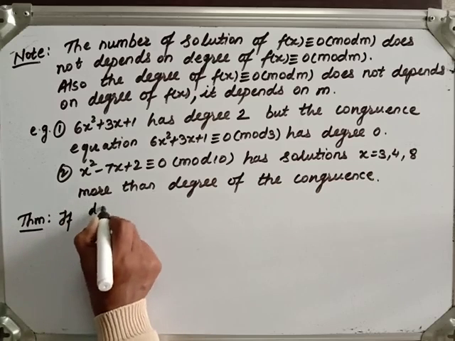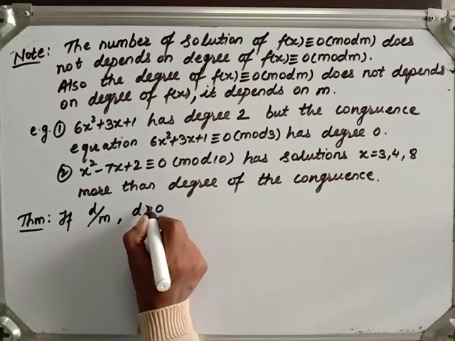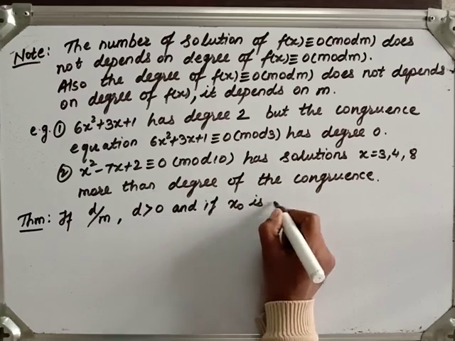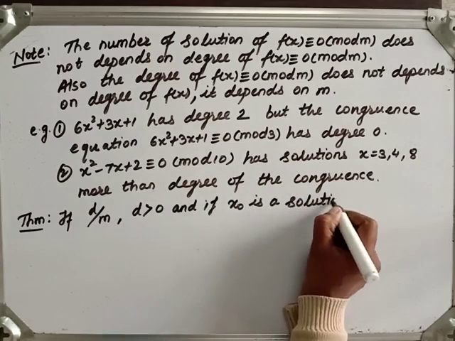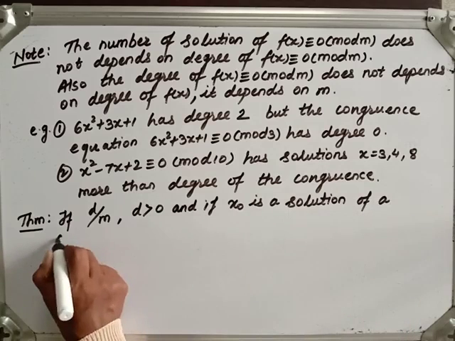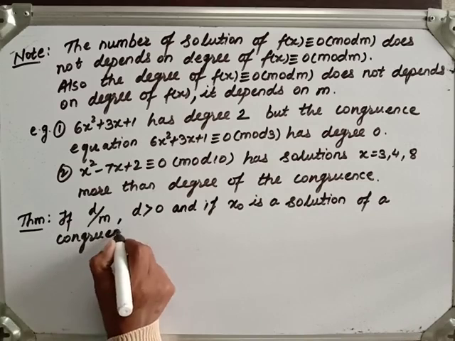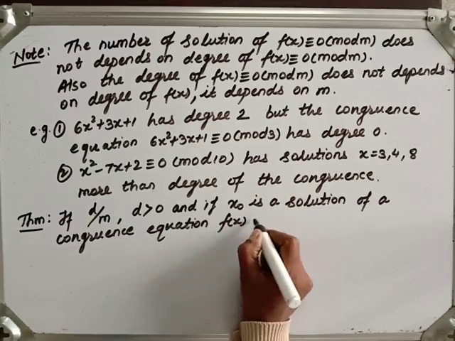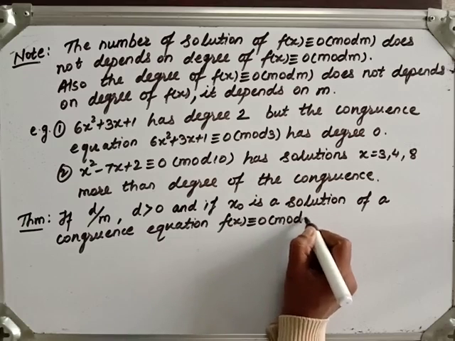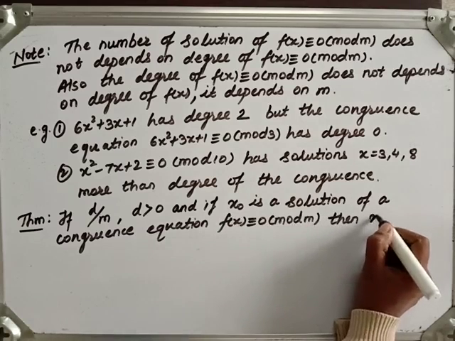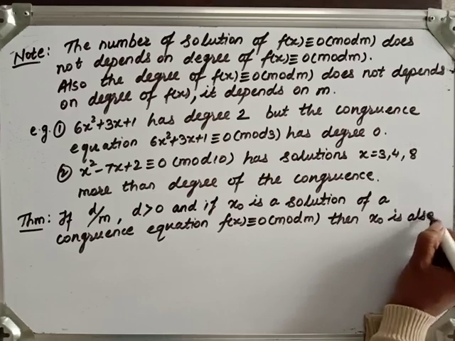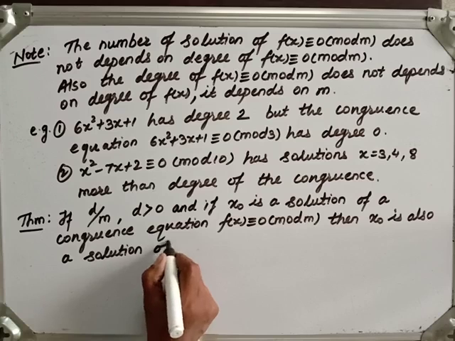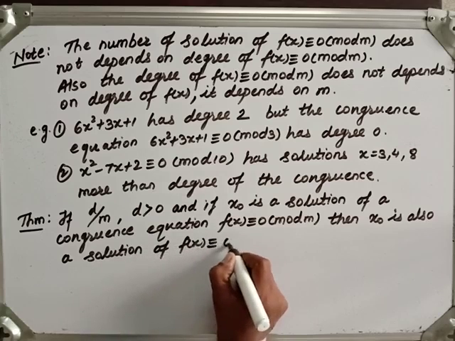If d divides m and d is strictly positive, and if x naught is a solution of a congruence equation f of x congruent to 0 modulo m, then x naught is also a solution of f of x congruent to 0 modulo d.